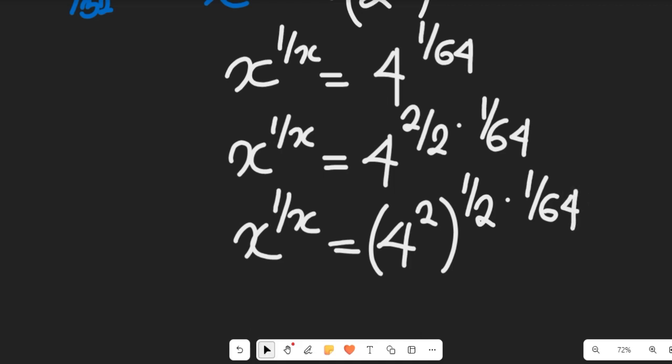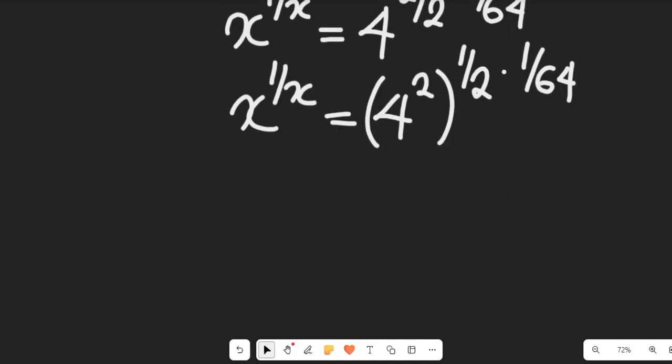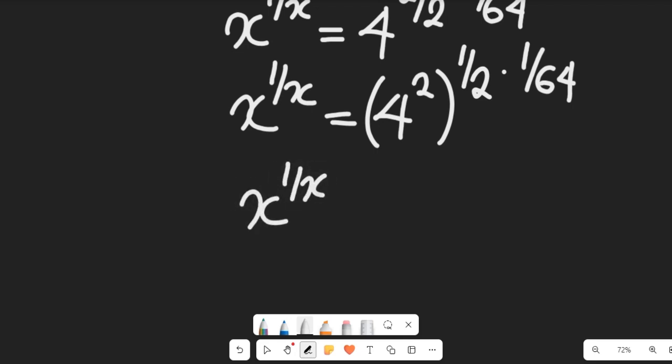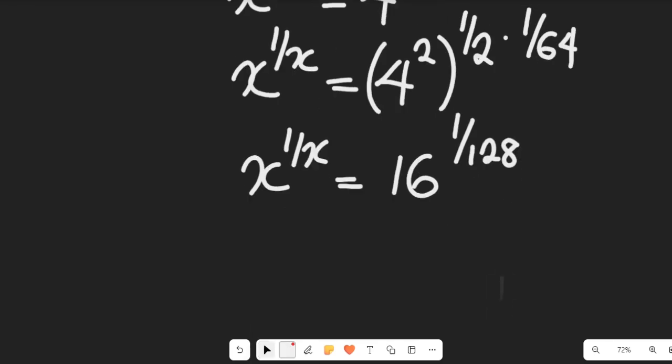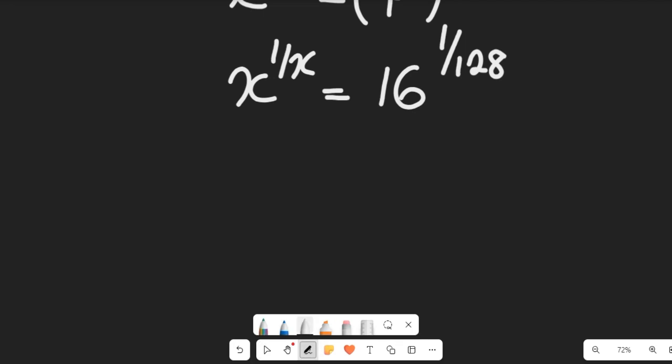Now 64 multiplied by 2 will give me x to the power of 1 divided by x equal to 16 to the power of 1 divided by 128. Great.